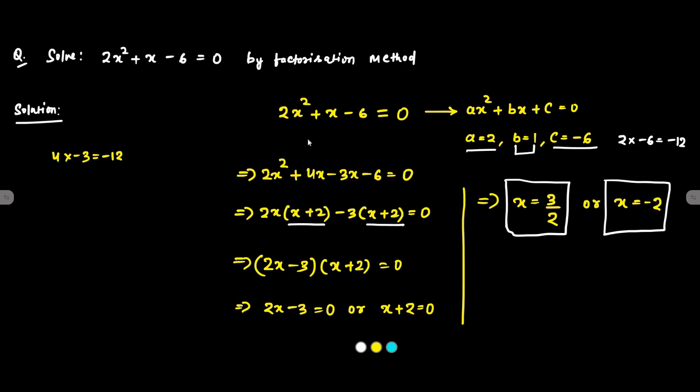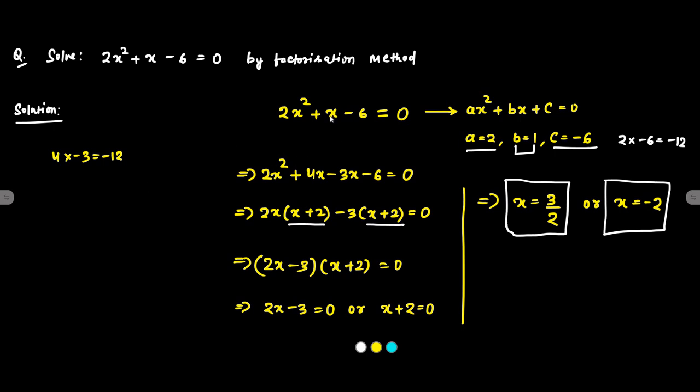So comparatively it was pretty simple, straightforward, as compared to the previous questions that we have solved. Directly, 2 into −6 is −12. So we have to figure out a way to split this middle term such that the two split term values also multiply to −12.